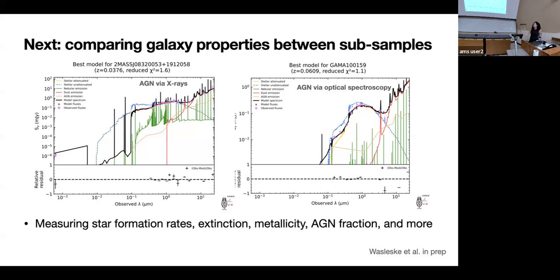And from this kind of modeling, you can estimate things like star formation rate, dust extinction, metallicity of your galaxy, the AGN power. And so we'll be looking at how all of those different properties might play into what techniques are effective for what galaxies, basically. So trying to link these different selection techniques with galaxy properties and see if we can say that X technique doesn't work for galaxies that have a lot of star formation, something like that.